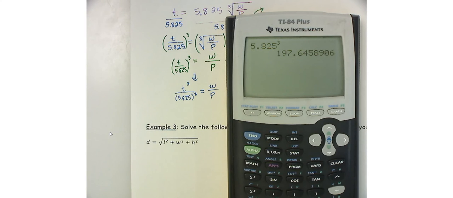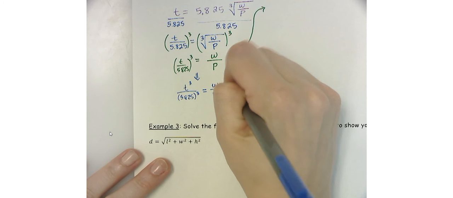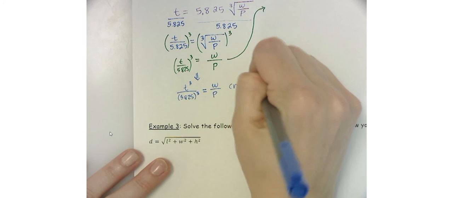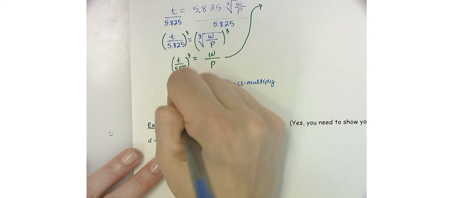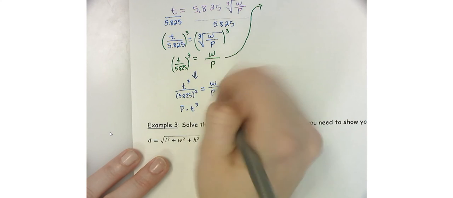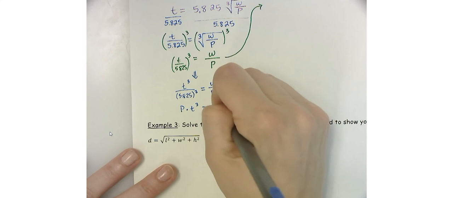Okay, and then Kira, what will be our next step? So we're trying to get it in terms of what? Yep, we're trying to get it in terms of P. So if you cross multiply, P times T cubed equals W times 5.825 cubed. So what would I have to do to get P by itself?